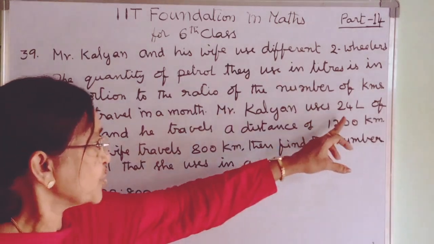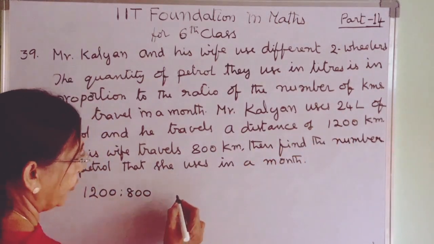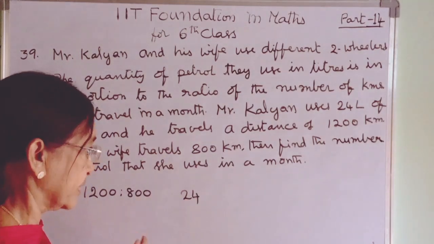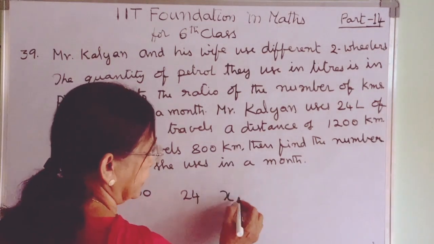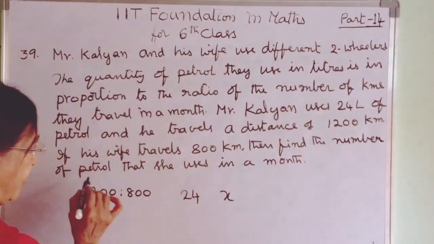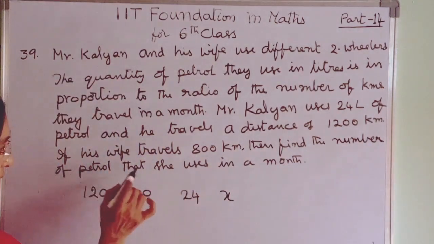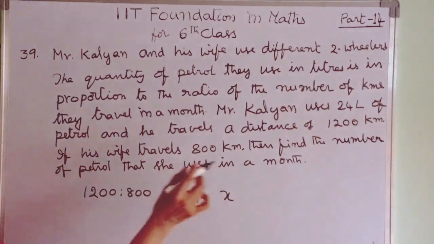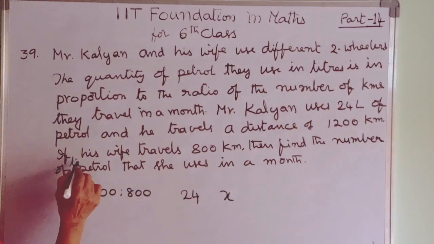Kalyan uses 24 liters of petrol and his wife uses X liters. Say the number of liters of petrol that she uses is X liters.